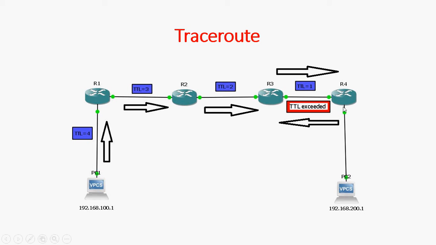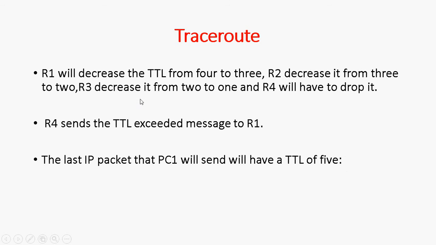The R4 router tries to send that packet to PC2. So before sending to PC2 it will reduce by 1. So the TTL value is 0. So immediately the R4 router drops that IP packet and sends a time exceeded message to the R1 router. So that one I mentioned in this point. So now R4 sends the time exceeded message to R1.